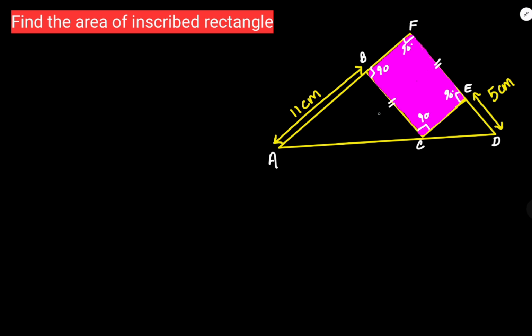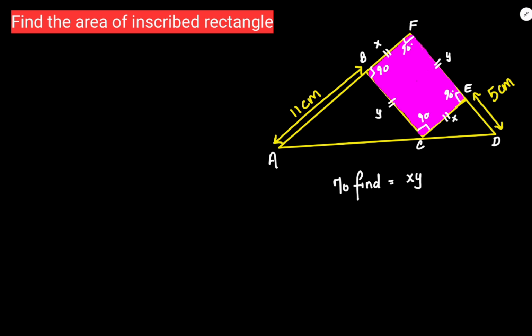Suppose I say that this side is y, and this side will be equal to this side. This side is x. Now we need to find the value of x times y. So can we somehow find x and y? Then we will multiply them and find the value of xy.